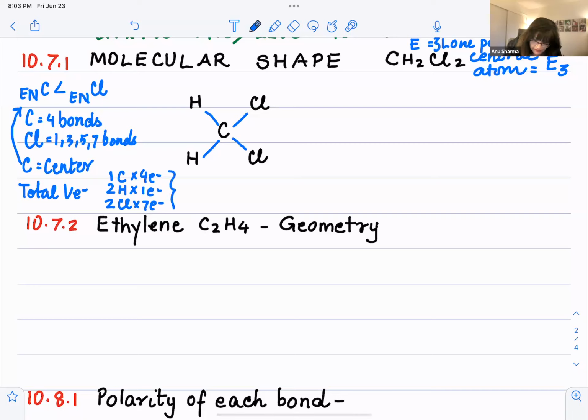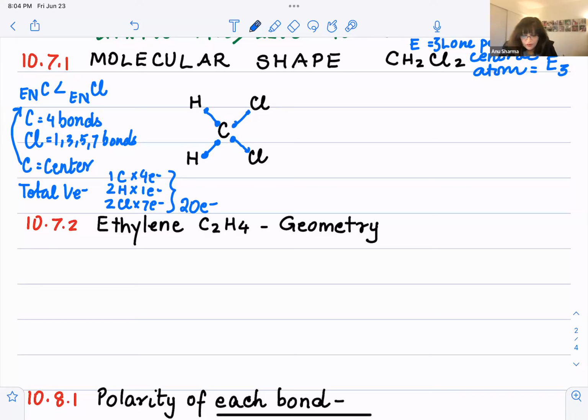So what is the total here? 7 2s are 14, so 14 plus 2 plus 4 gives you 20 electrons. Out of those 20 electrons, 1, 2, 3, 4, 5, 6, 7, 8 have been used up.